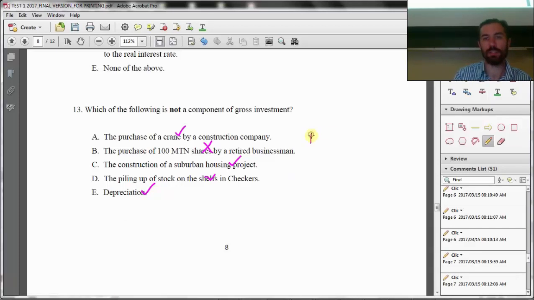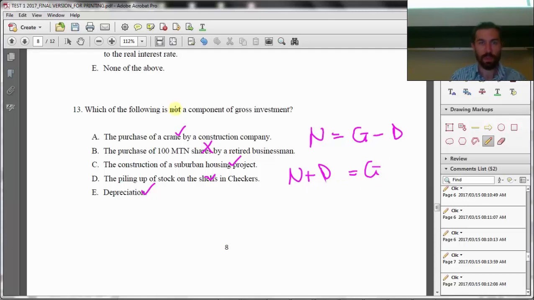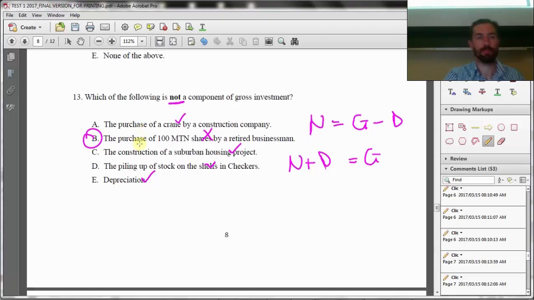In other words, net investment is equal to gross minus depreciation. In other words, gross is equal to net plus depreciation. So gross includes depreciation. So which of the following is not? Well, option B. Happy? Okay.